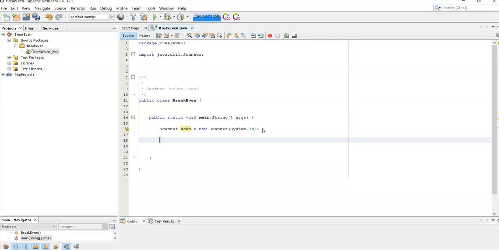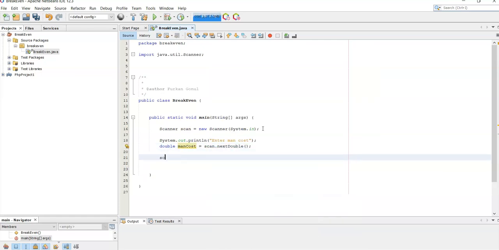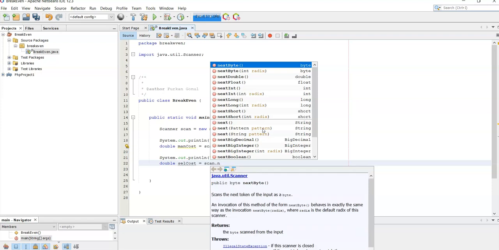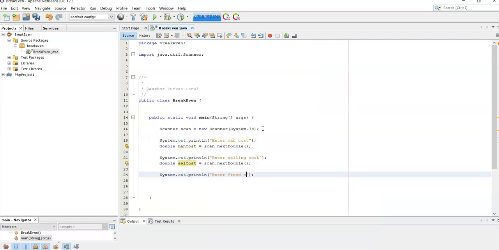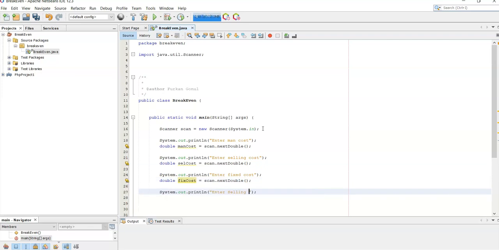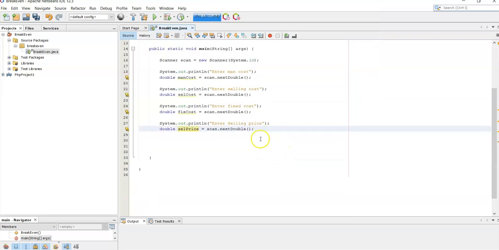Okay, first one, let's ask the manufacturing cost. Okay, I just finished asking the user to enter the information: manufacturing cost, selling cost, fixed cost, and selling price, right?